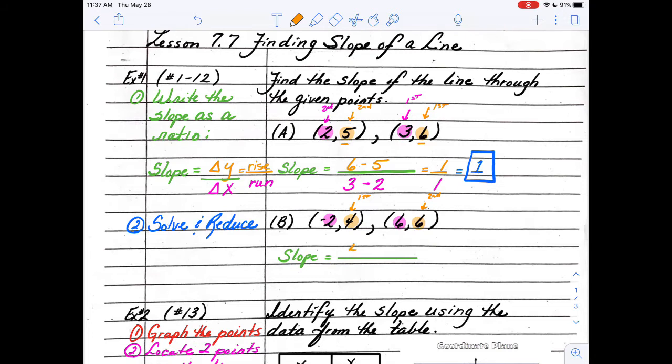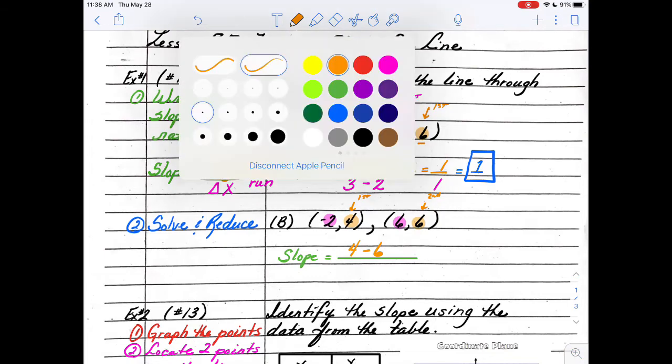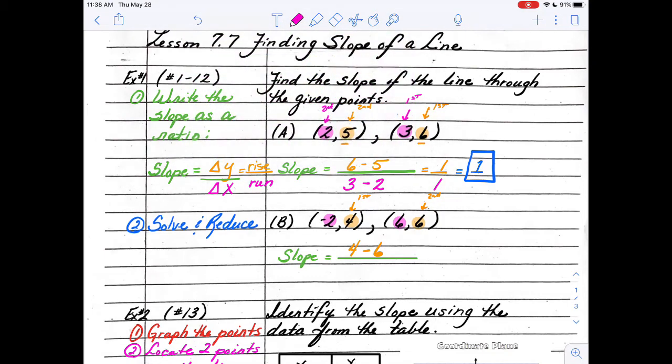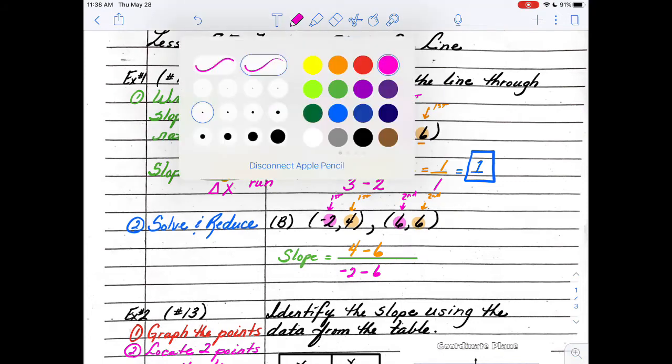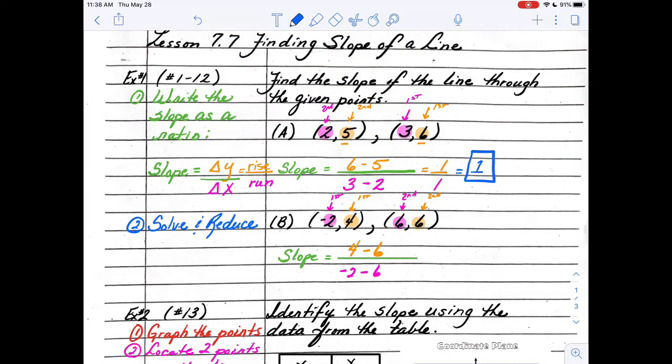So I'm going to do 4 minus 6, the change in those y's, over the change in the x. And again, keeping it in the same order, I'm going to make that one my first value. I'm going to make this one my second. And do -2 minus 6. Now, let's find that change.